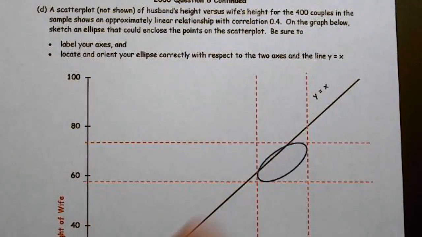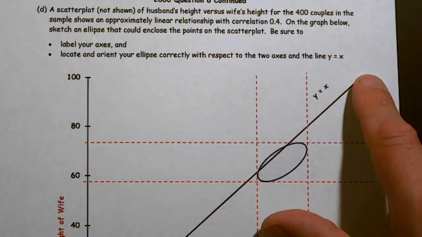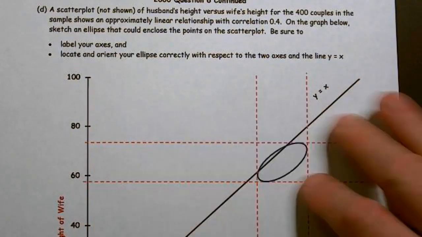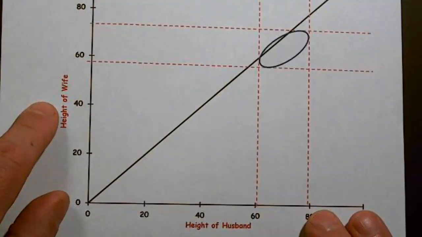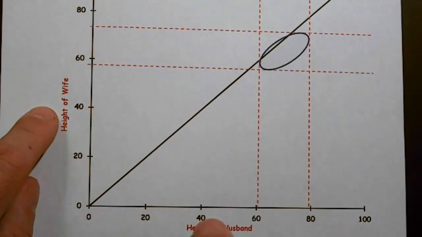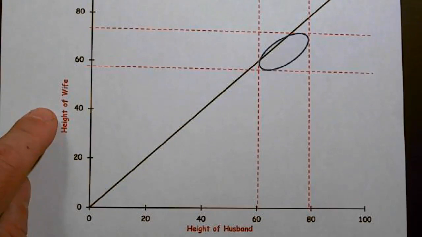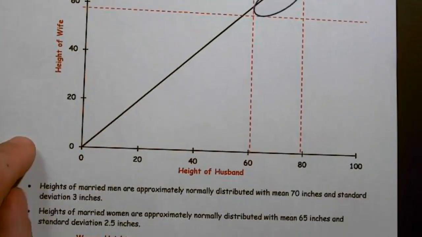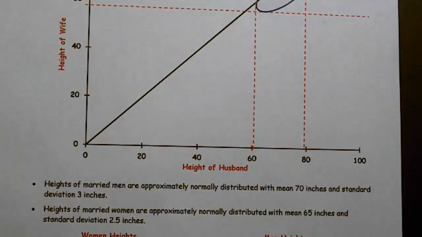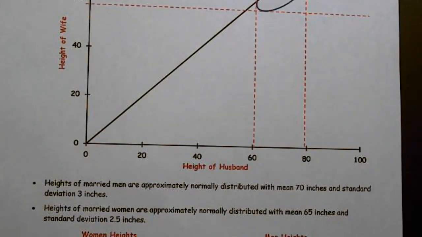So we have this y equals x line that they gave us. And it's like, okay, how do we get all this information? Well, I plotted height of the wife here and height of the husband there. And remember, married men are normally distributed with a mean of 70 and a standard deviation of 3.